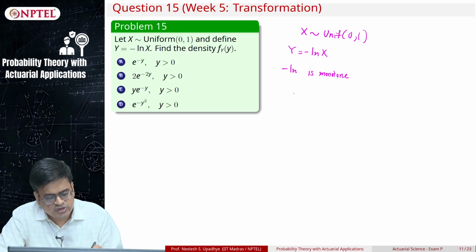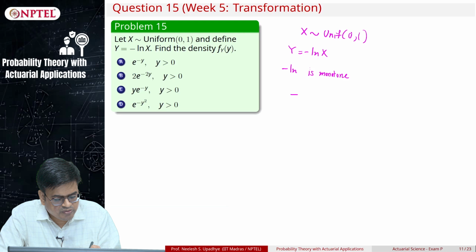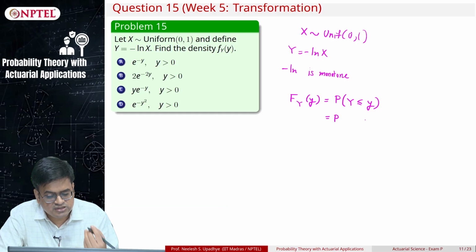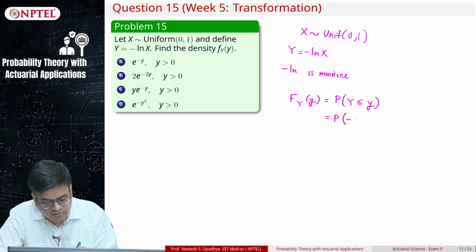So, what is the CDF method? If I want to compute F_Y of y, I will write it as probability of Y less than or equal to y, which is essentially probability of minus ln of X less than or equal to y.